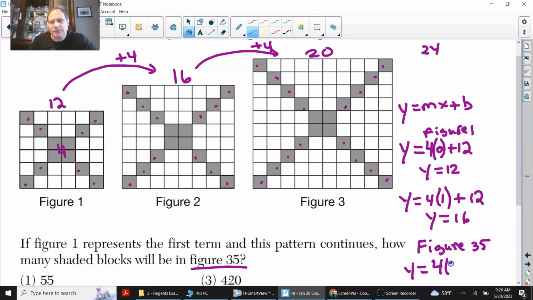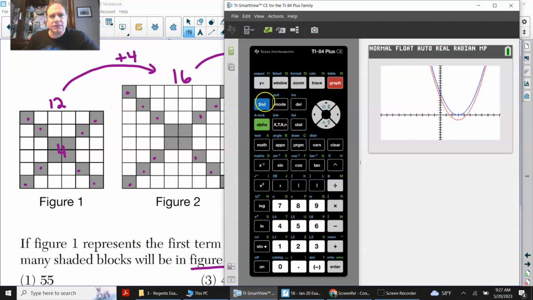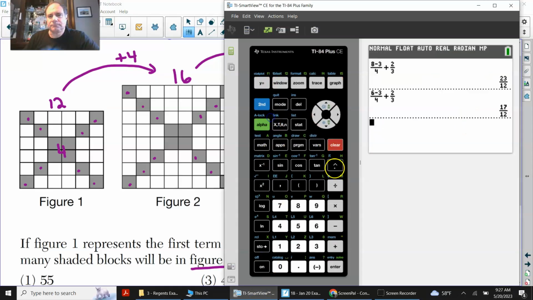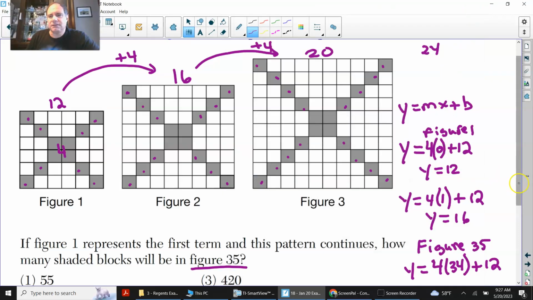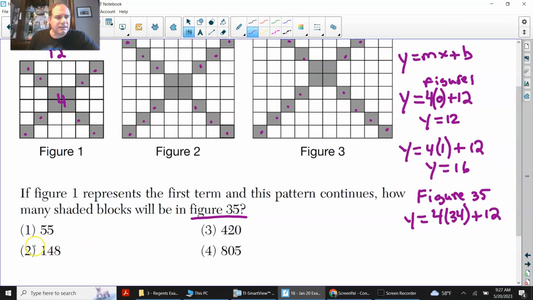So it's 4 times 34 plus 12, and that will give me the exact number of shaded boxes in figure 35. 4 times 34 plus 12 is 148 shaded boxes, and that is the answer.